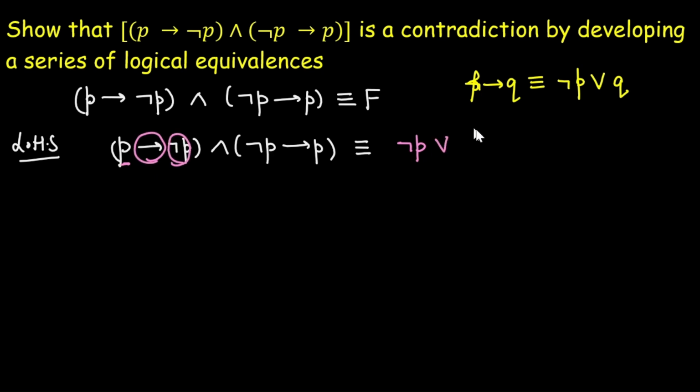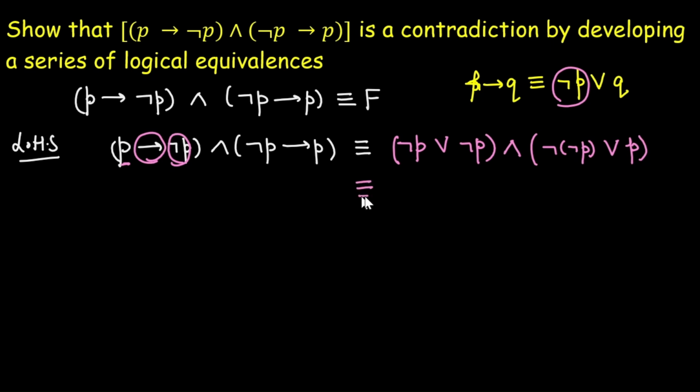Second operation is as it is, negation P. As next operator is different, so we will keep this bracket as it is. And negation P, this is already there. We need to take its negation. So we can write negation of negation P. This symbol gets converted into or P statement as it is.